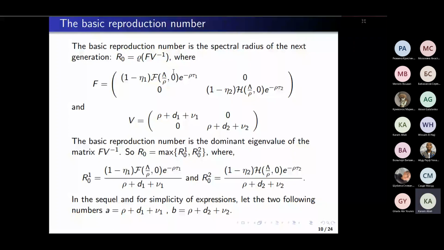The first quantity, R01, is called the first strain basic reproduction number, and R02 is called the second strain reproduction number.